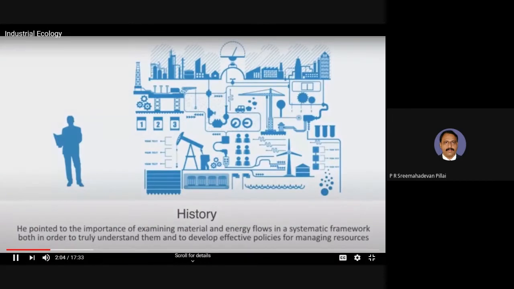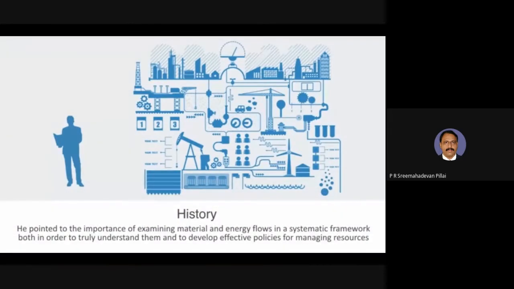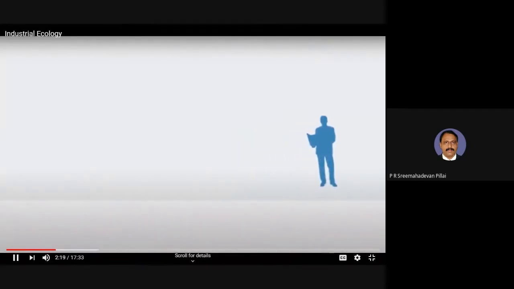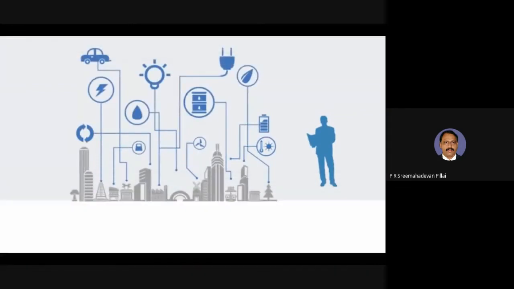His work was groundbreaking in that it introduced thermodynamics to the area. Ayres was one of the earliest scientists to bring second law notions into industrial ecology, and his work stressed the importance of exergy as the proper measurement in studying industrial energy use.